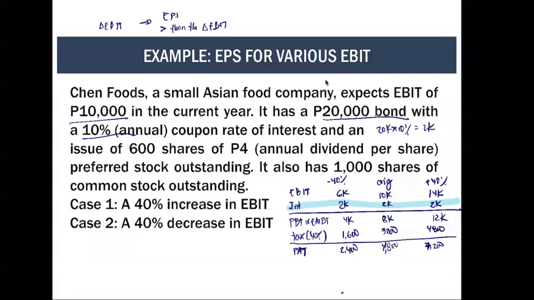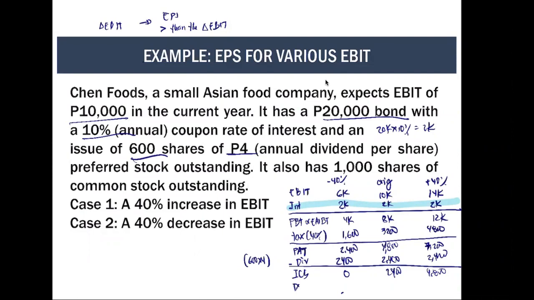Okay. Less dividend for your preferred stock, 600 shares times 4, 2,400. So income for common stock, 0, 2,400, and then we have here 4,800.